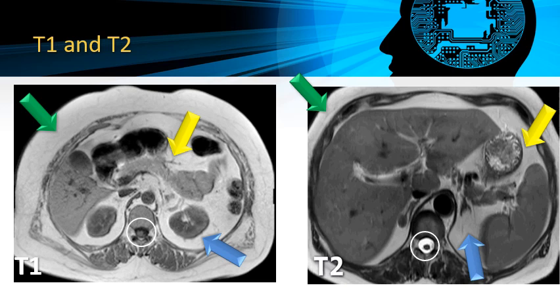The green arrow refers to the subcutaneous fat, the yellow arrow refers to the intra-abdominal, peritoneal fat, and the blue arrow refers to the retroperitoneal fat. Fat usually has a special signal intensity: it's high on T1 and intermediate to high on T2. And the fat signal is very important because we will discuss it in other sequences.